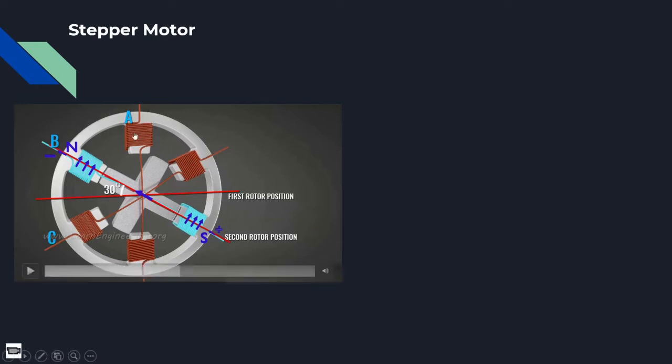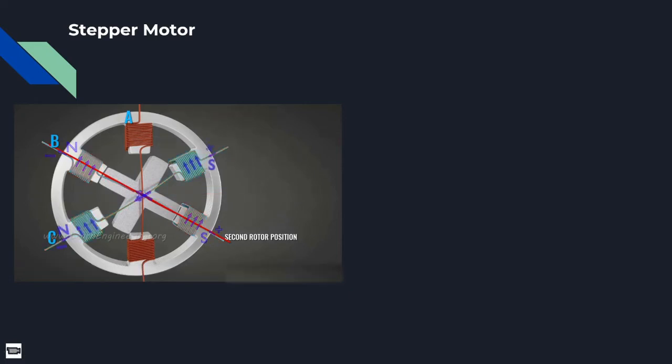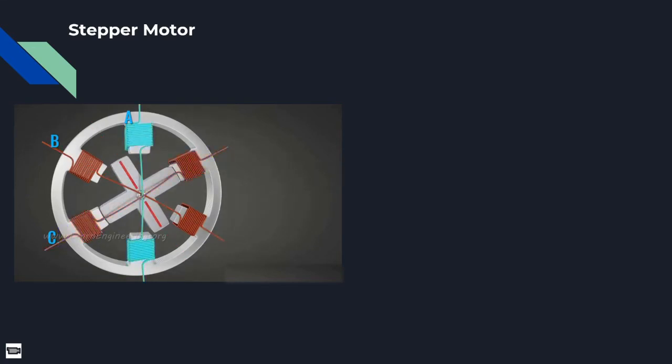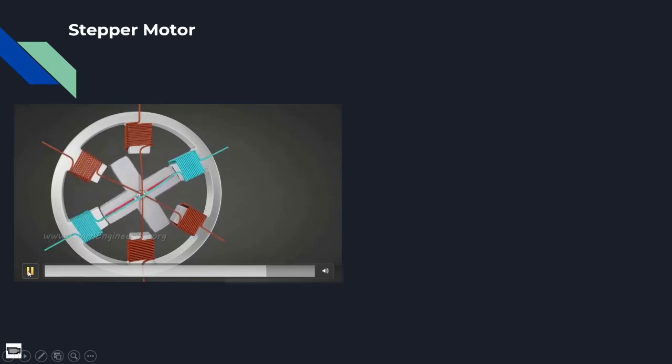Now if you look at the direction, the stator is being energized in the anti-clockwise direction, whereas the rotor is trying to rotate in the clockwise direction. This is an important thing that should be noted. Likewise, if I keep on energizing one phase after the other, the rotor will make a discrete step of 30° and continue to rotate as long as the phases are being energized.